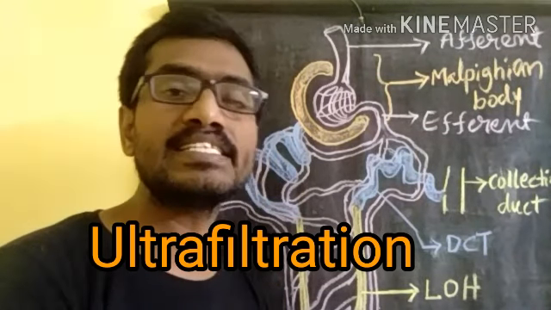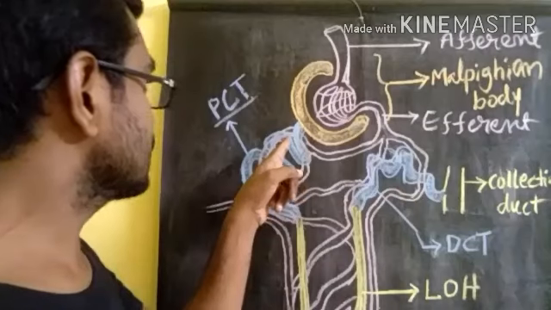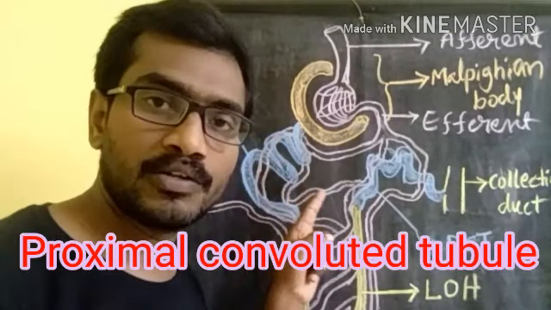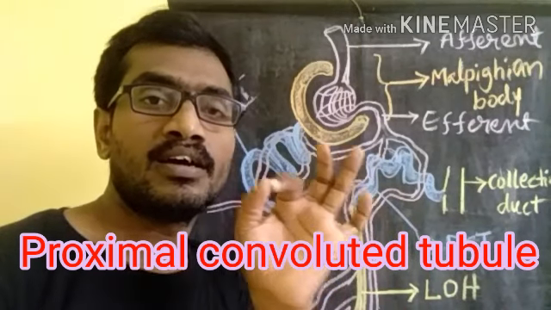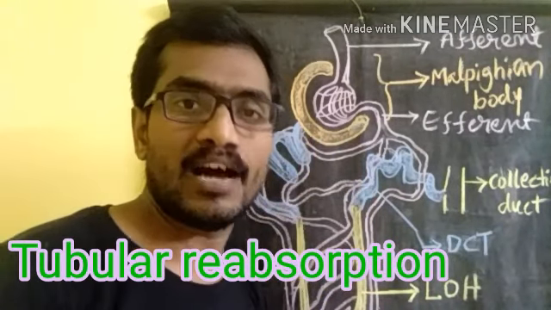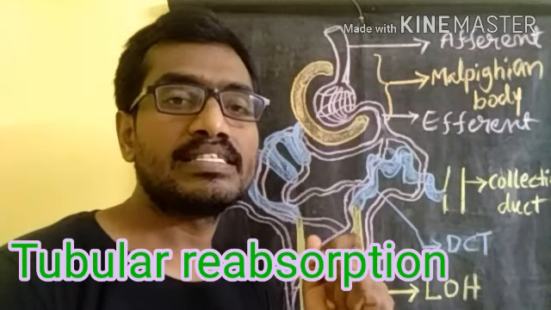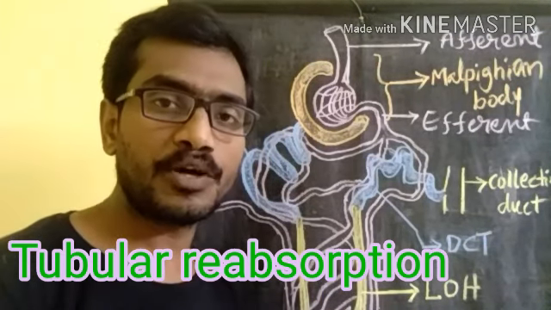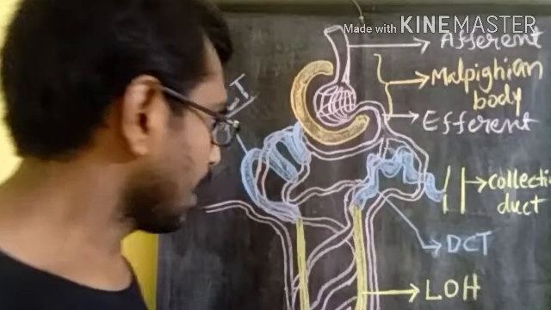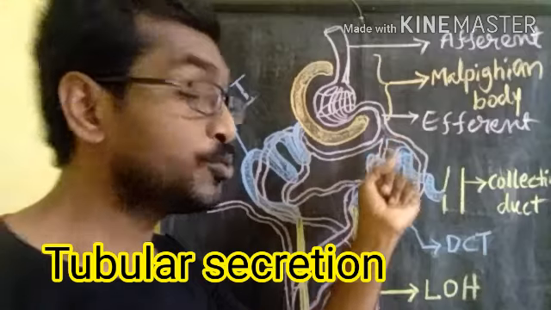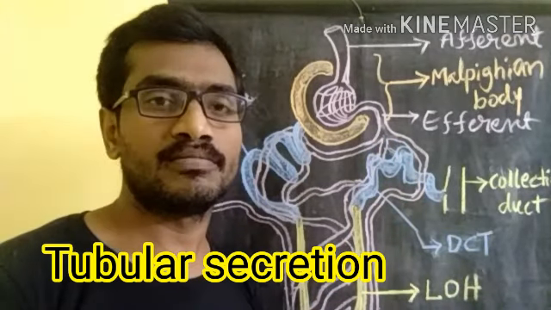The second step takes place in the PCT, the proximal convoluted tubule, which we call tubular reabsorption. Tubular reabsorption is the second step in the formation of urine. And the third step is tubular secretion.